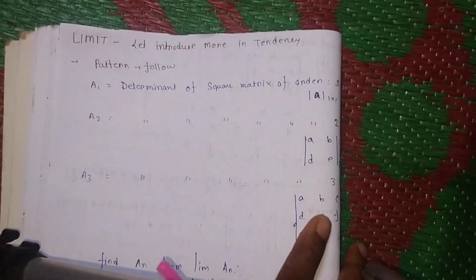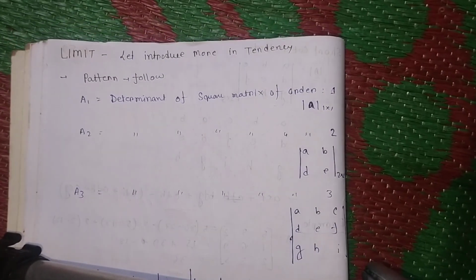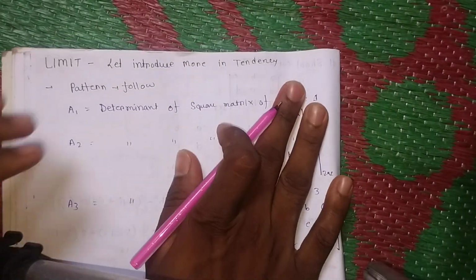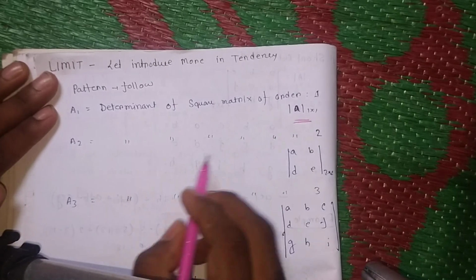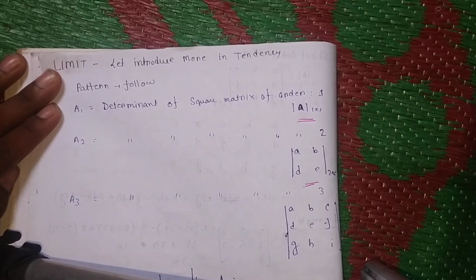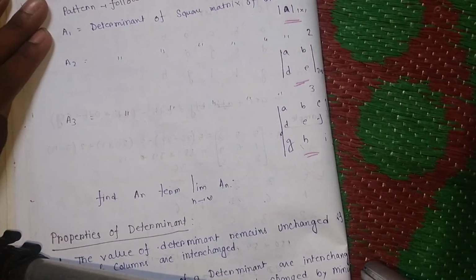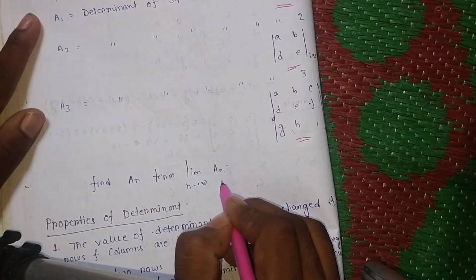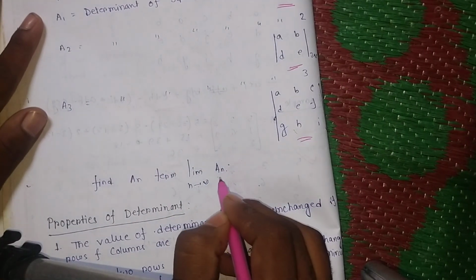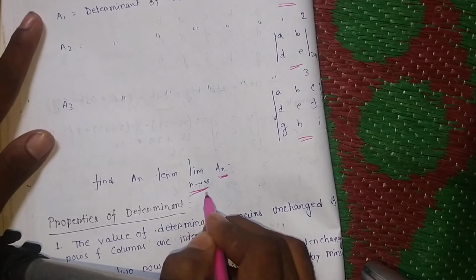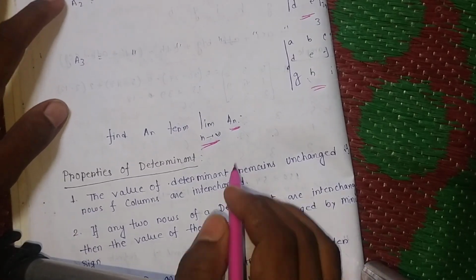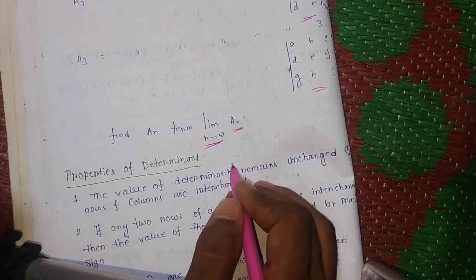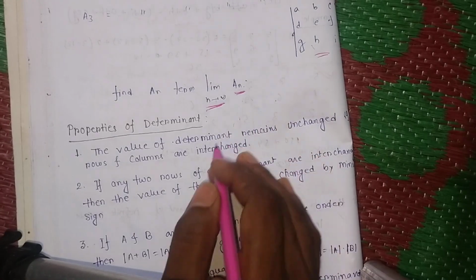If it is the determinant of a square matrix of order 1, then it looks like this. If it is of order 2, then like this. If it is of order 3, then like this. So what we have to do is get the determinant of order n, and as n tends to infinity, we get our actual result by the properties of limits.